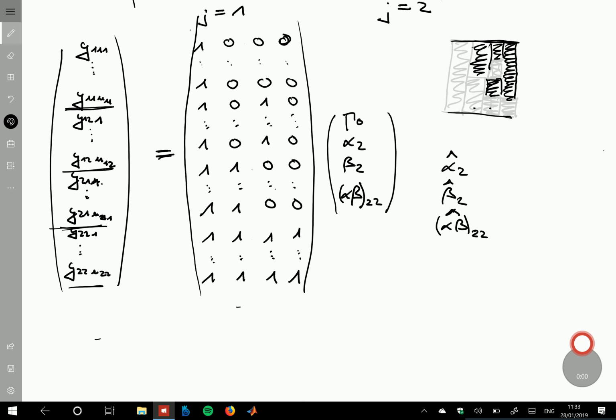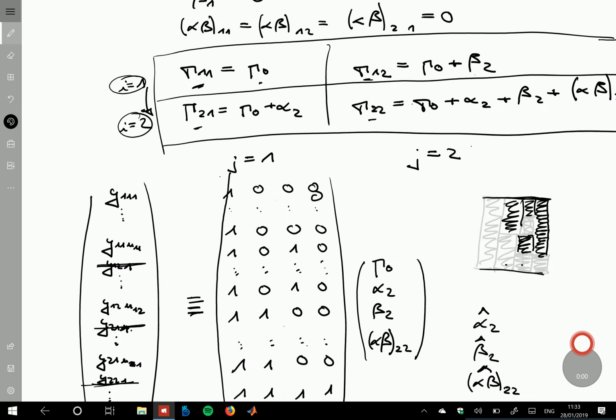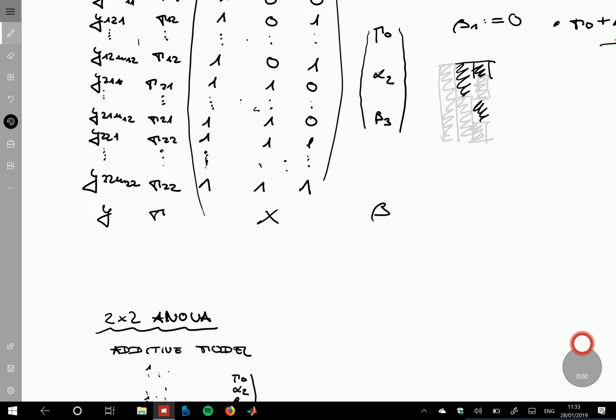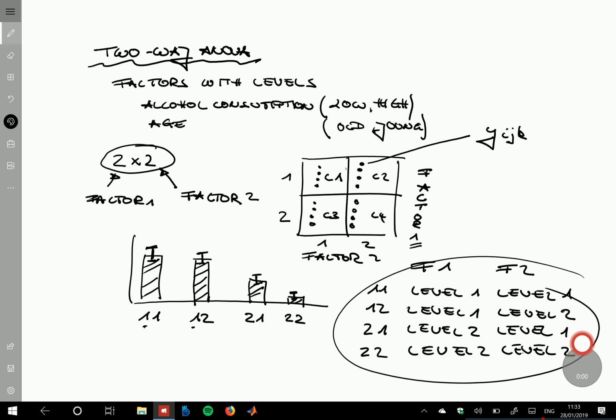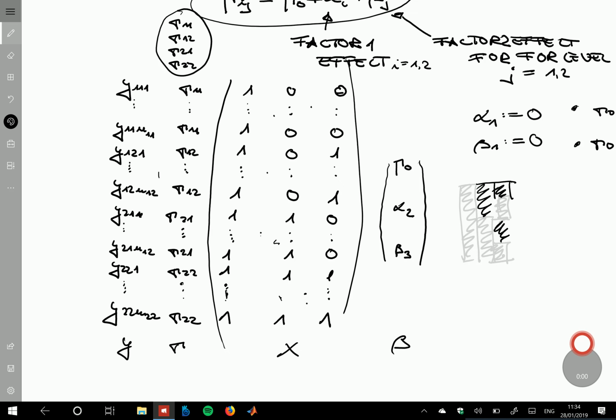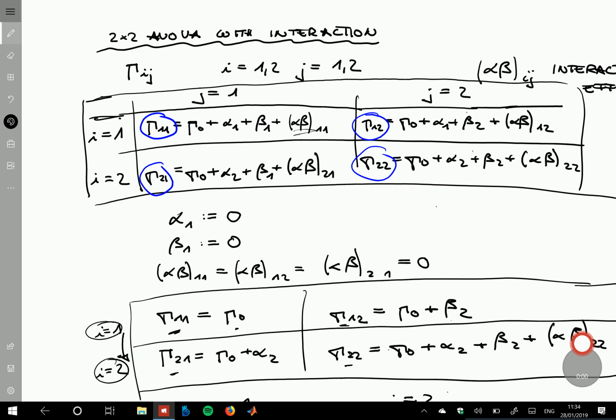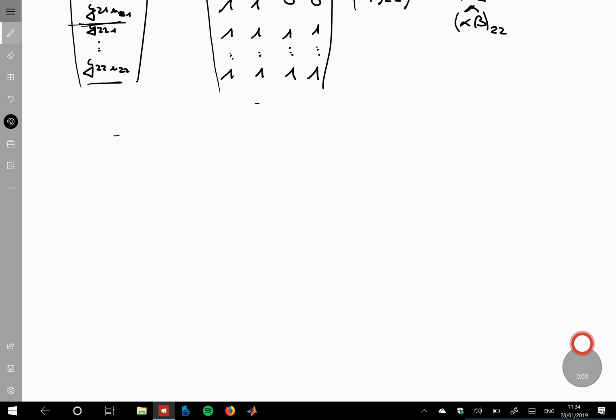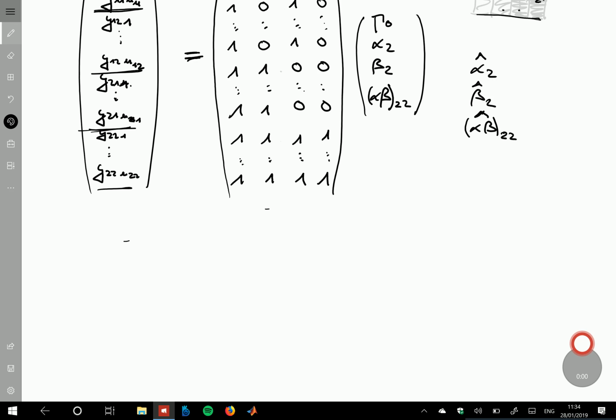And if one plays around, which I think will be one of the programming exercises in the summer term, with these parameters, one can create, and this is fairly instructive actually, all of the patterns that one is interested in. So that would be modeling a 2 by 2 ANOVA with interaction and then assessing the significant main effects and interactions using the machinery of the GLM.